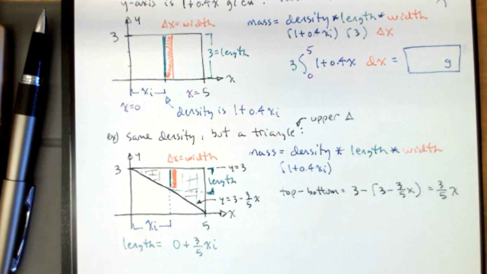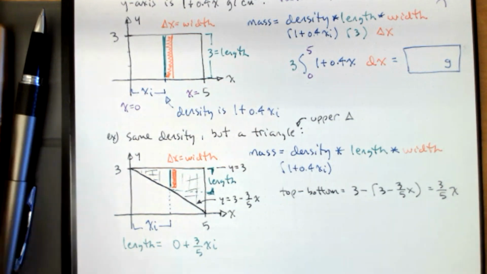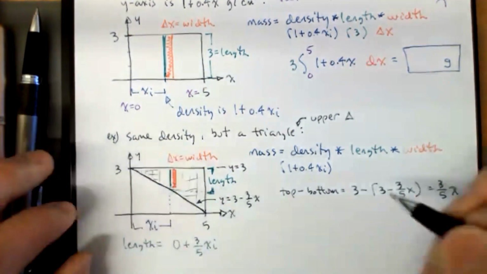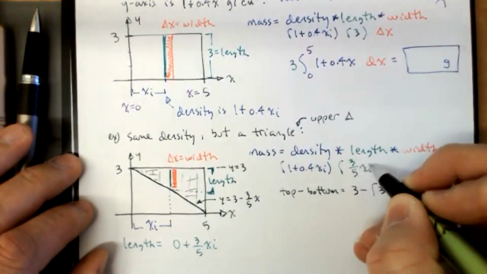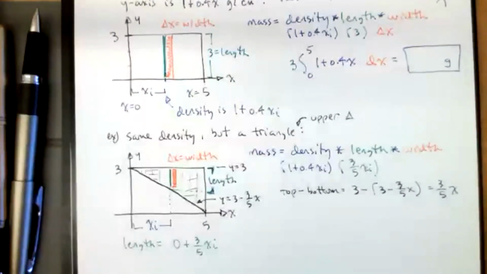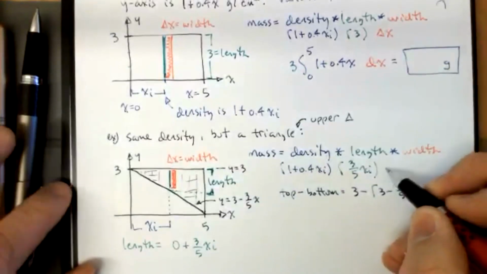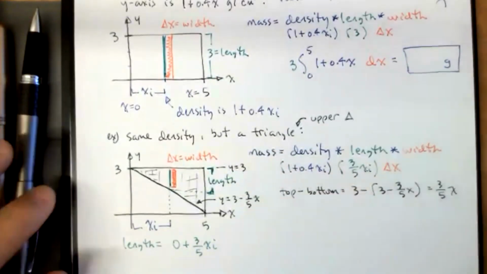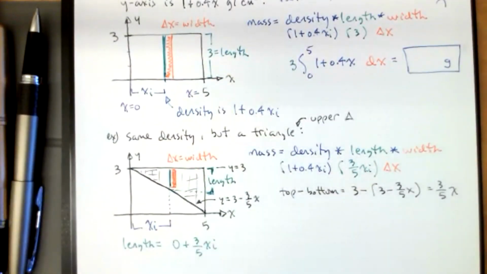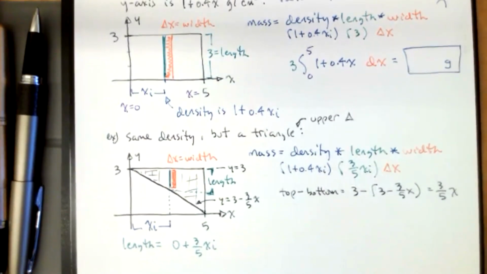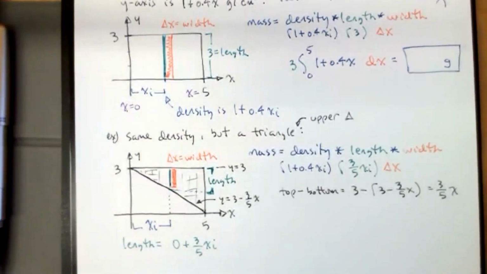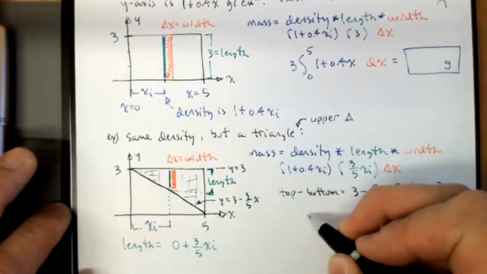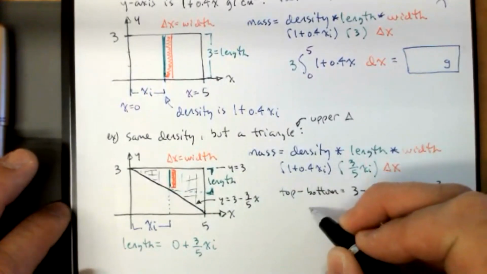So our density is the 1 plus the 0.4 xi. Our length is 3/5 xi. And our width is the delta x. So this is going to become an integral. We add up all such products.